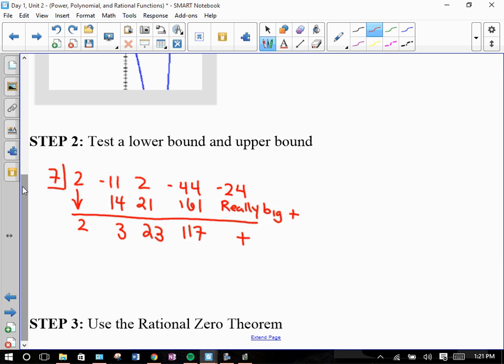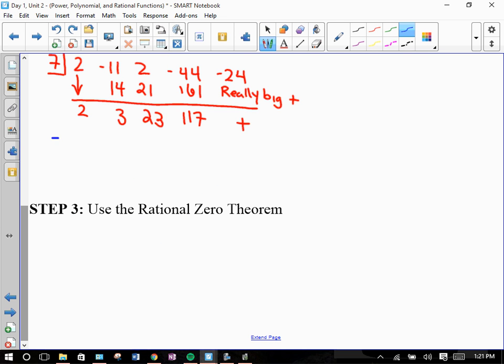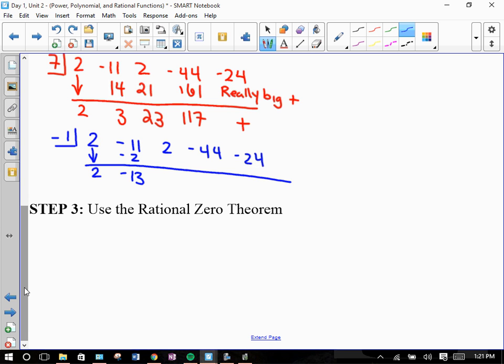So we said -1 is our lower bound. Let's test that. Bring the 2 down. -1 times 2 is -2. That's going to be -13. -1 times -13 is positive 13. That's going to be 15. Then -15, that's going to be -59.